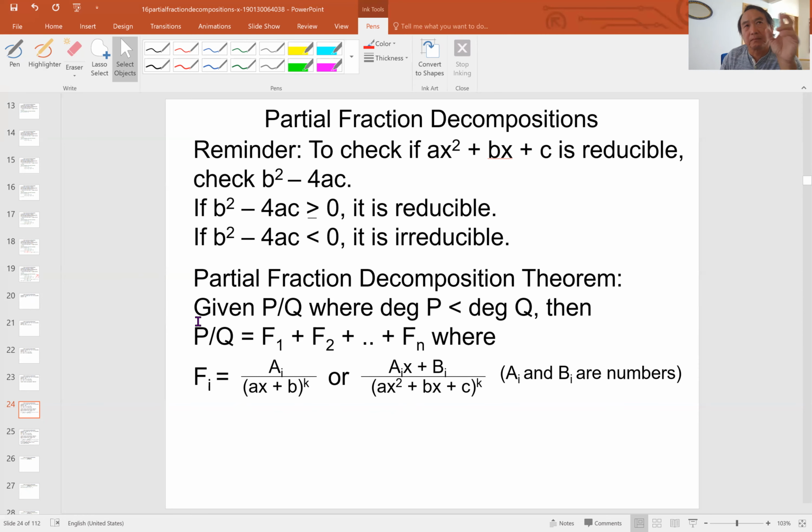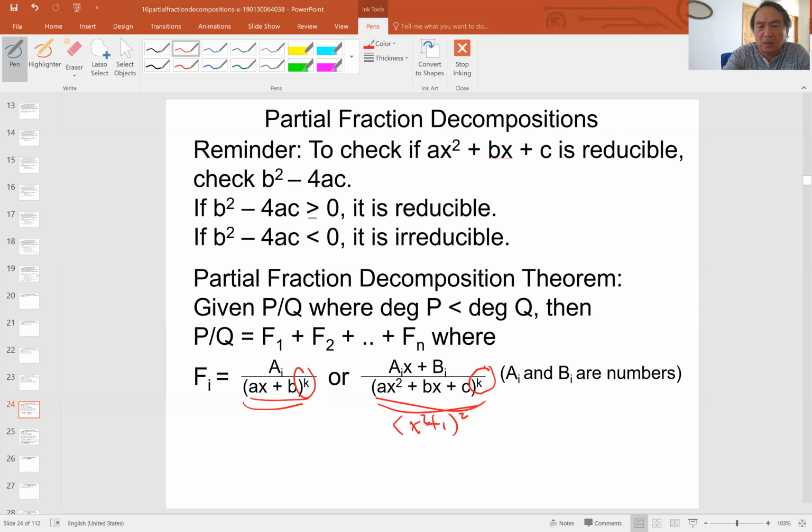The first type consists of linear factors to a power in the denominator. And the second type is irreducible second degree terms raised to a power, like for instance, this might be x squared plus 1 to the square.